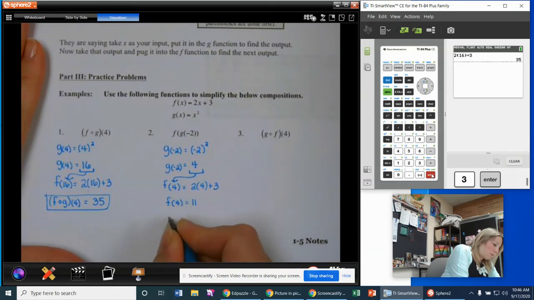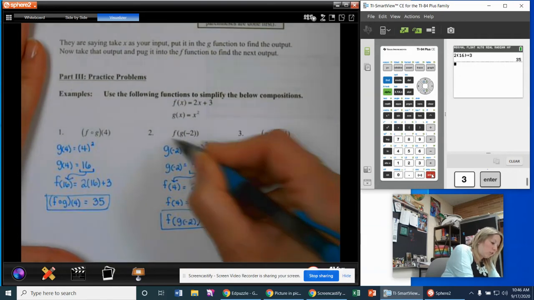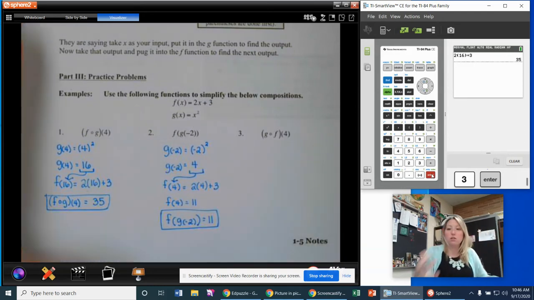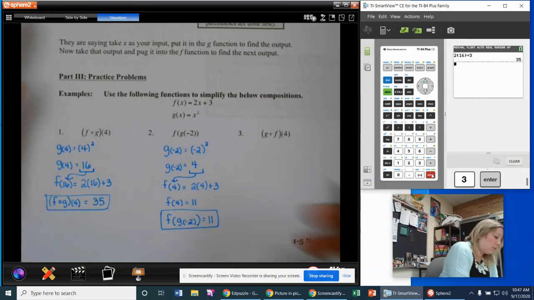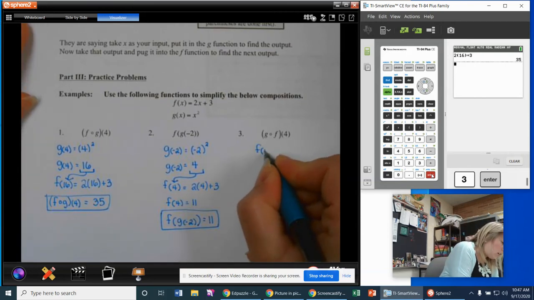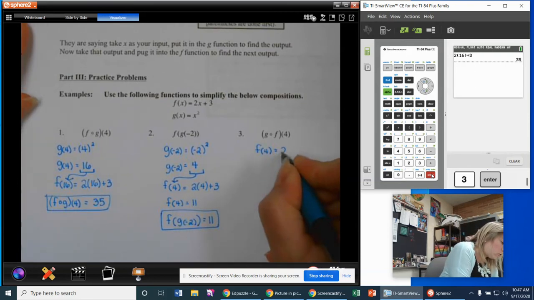But what I'm going to write for my final answer is f of g of negative 2 equals 11, because that was the notation I was asked in. I was just copying what I was asked to do, keeping it simple. Oh, g of f of 4. So f of 4 goes first: 2 times 4 plus 3.